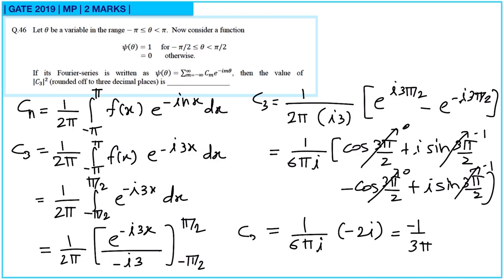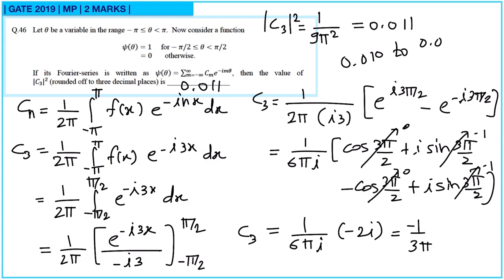So this is C3, and we have to find the value of mod of C3 square. So mod of C3 square is equal to 1 upon 9 pi square, and this is equal to 0.011. So the answer is 0.011, and the answer given in the answer key is in the range 0.010 to 0.013.